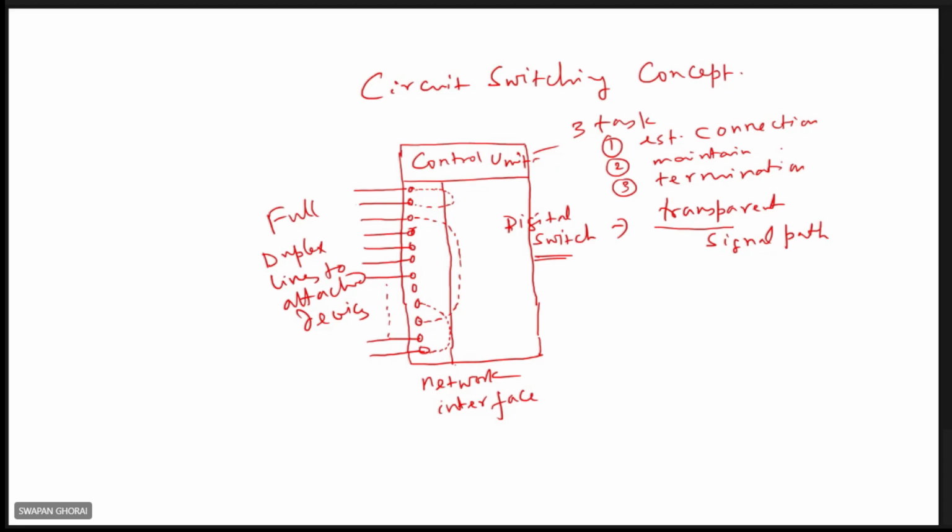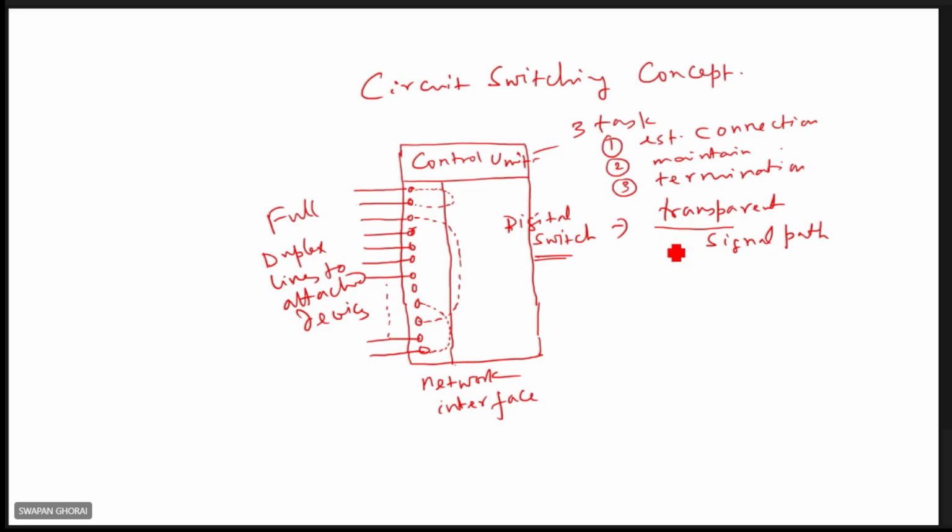Those are the functions of the network interface, and the control unit performs three functions: connection establishment on demand, next maintaining the connections, and third, termination in response to a request from one of the stations. Right, so these are the basic elements of a circuit switching node.